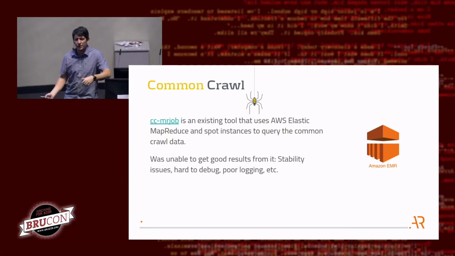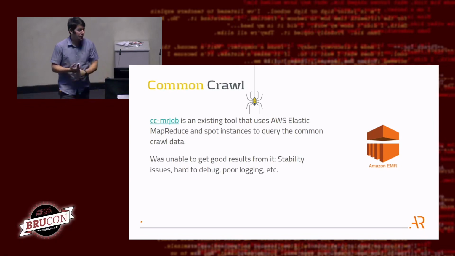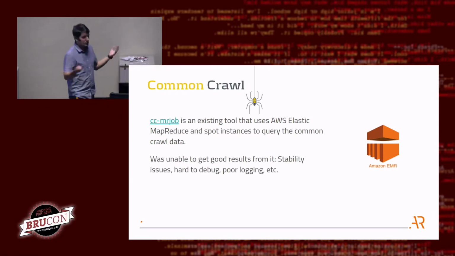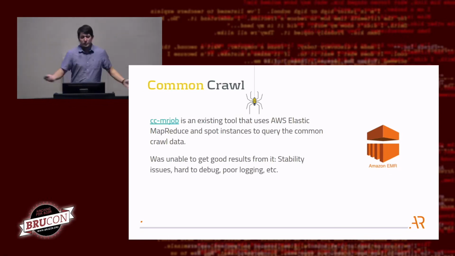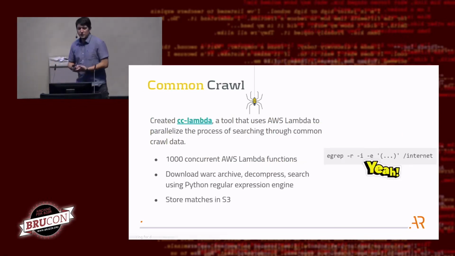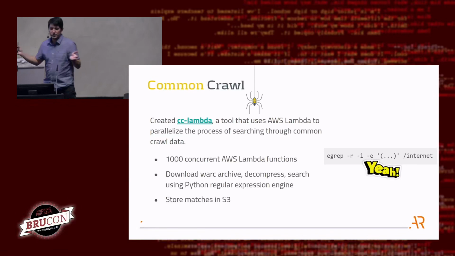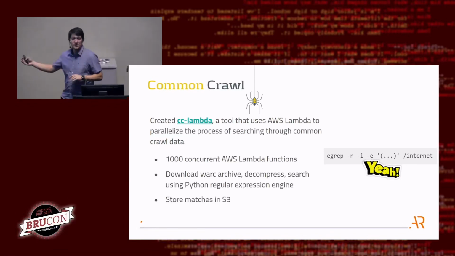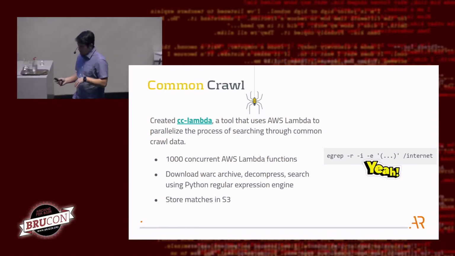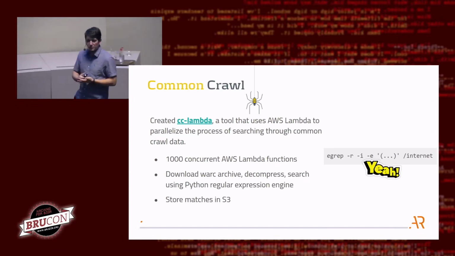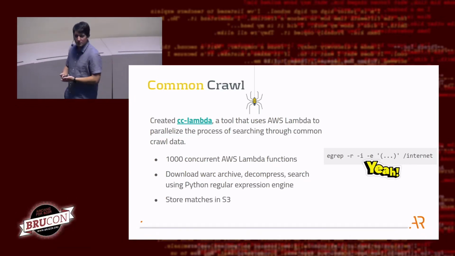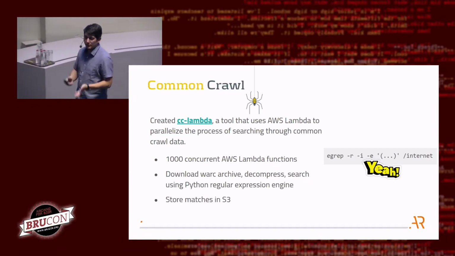There was no debugging information. There were a lot of problems with this. I'm not sure if it's not maintained. I'm not sure if I'm bad at understanding this technology. But after fighting against this for 2 days, I created my own version, and it's CC Lambda. Instead of using the Elastic MapReduce service from AWS, I'm using Lambda functions.